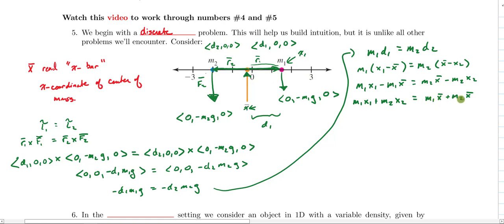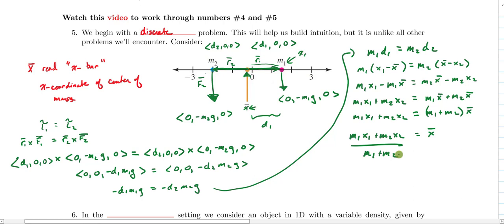Then I can solve for x bar by factoring the x bar out on the right-hand side, so that gives me m1 plus m2 in quantity times x bar equals m1 x1 plus m2 x2. And so what we end up with is that x bar is equal to m1 x1 plus m2 x2 divided by m1 plus m2. Whew.